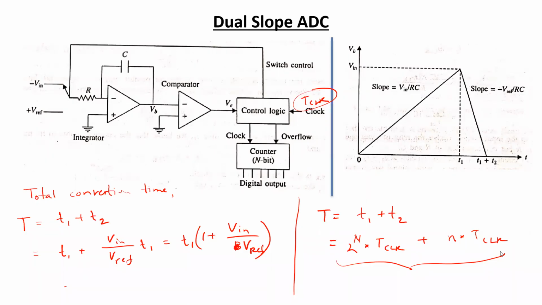Now, for this class, I wanted to discuss up to this dual slope ADC. I don't know how much you have understood, because there was very minimal response. If you have any question, you can ask, or I would like to end today's session.